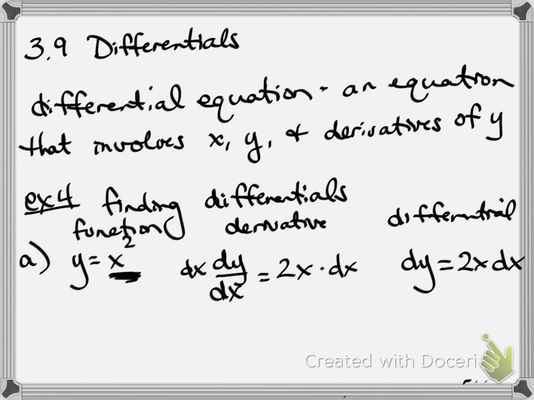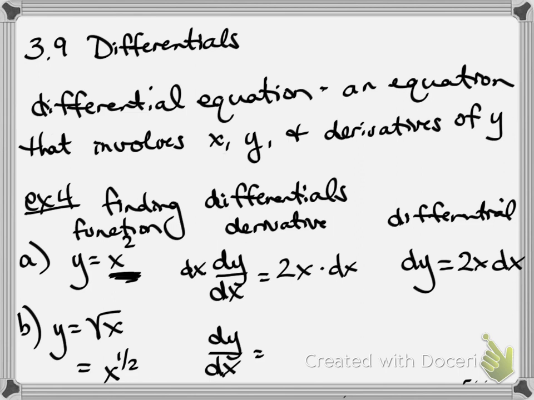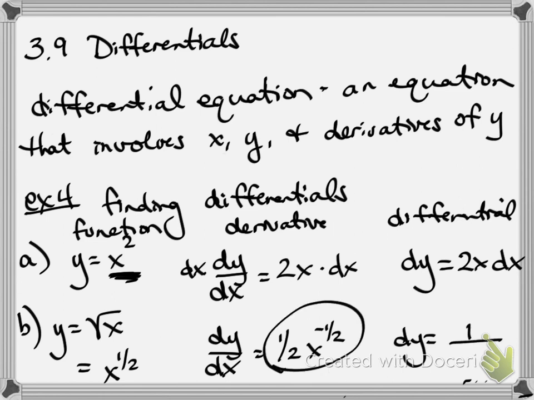So example B, y equals the square root of x. Well, first off, you should write that in a friendlier form, just like we always do. And then the derivative of y with respect to x, this is power rule, so it's 1/2 x to the minus 1/2. And we're going to do two things at once. We will simplify this as 1/2 square root of x, and we put the dx at the end.